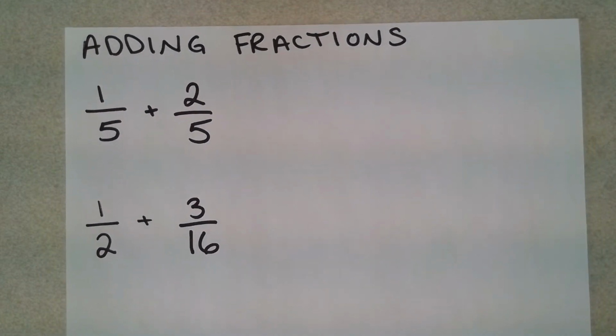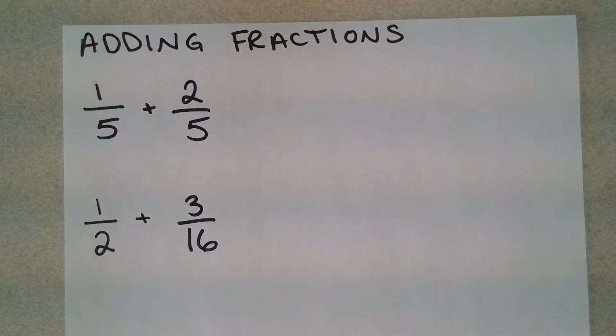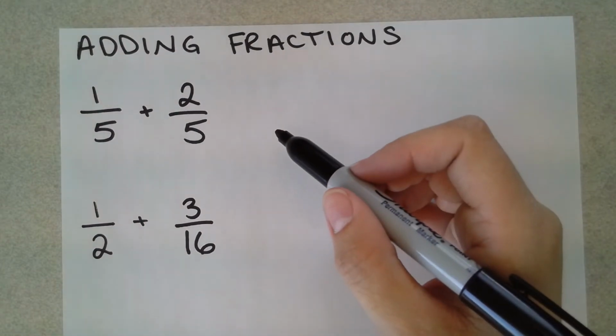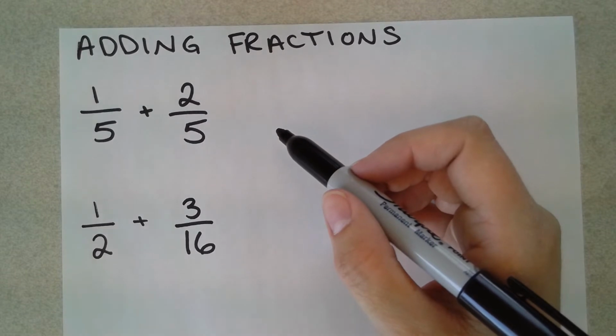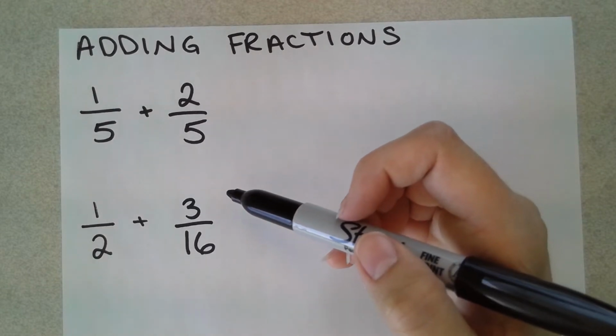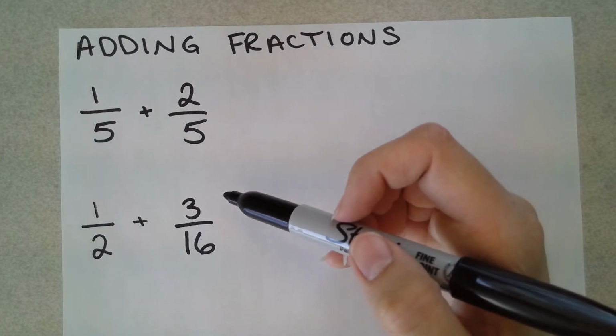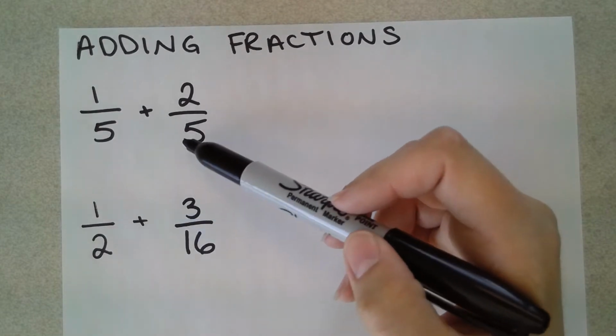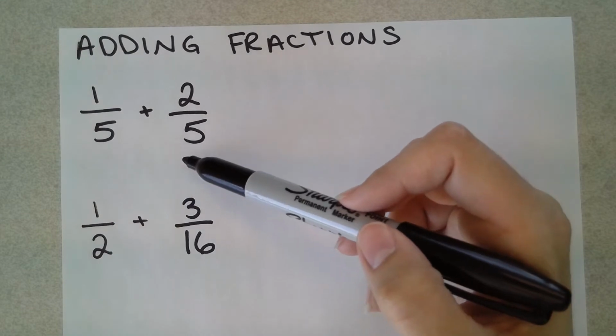So you might remember from class that we were talking about the difference between like versus unlike fractions. So that's really important when we're adding and subtracting with fractions, because whenever we are doing any work with fractions, they always have to be like in order for us to add or subtract. And so remember what that means is the bottom numbers need to be the same.